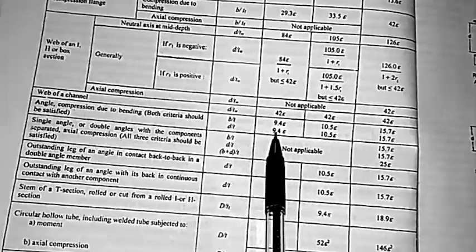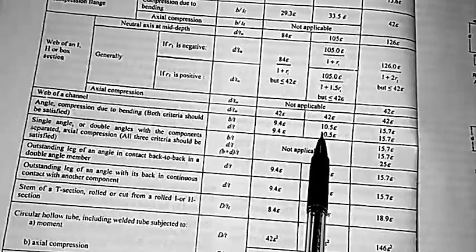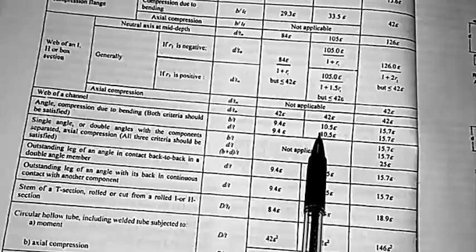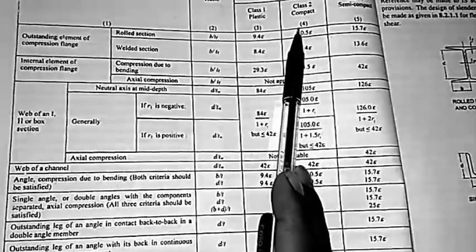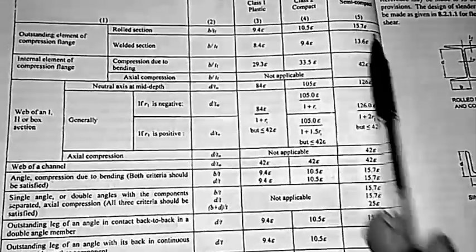If it is less than 9.4, then we can say that it is plastic. If it is 9.4 to 10.5, then we need to consider it as compact, class 2. If 10.5 to 15.7, then it would be semi-compact.